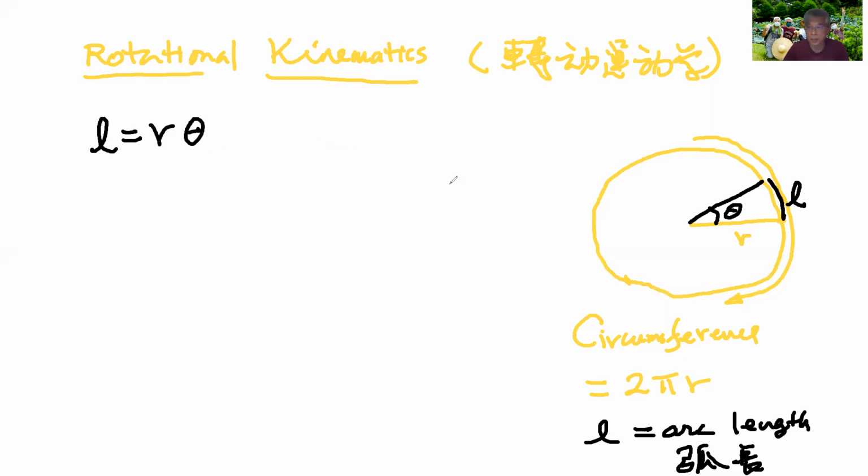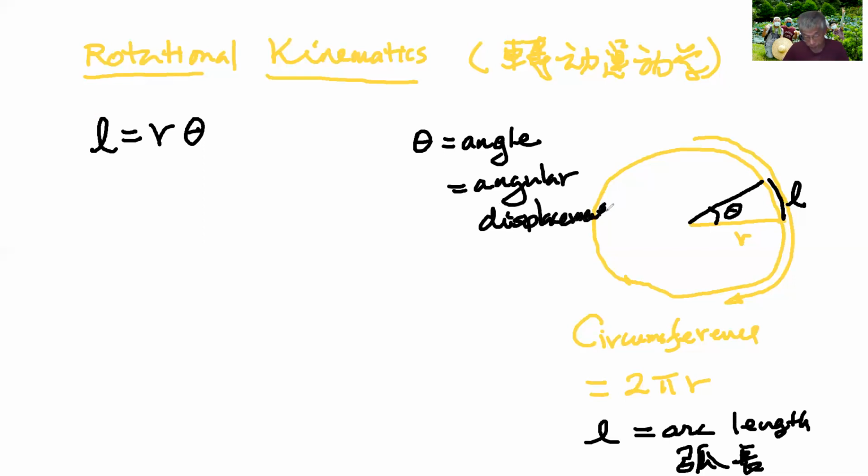And this theta here is called the angle, or angular displacement. The unit of theta is the radian.